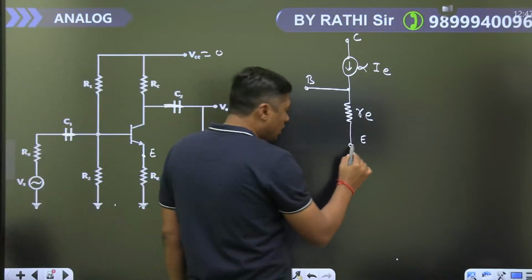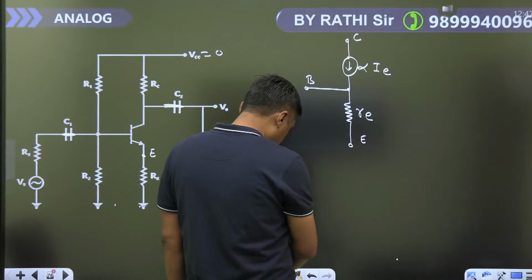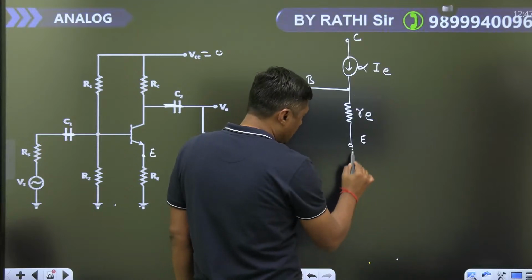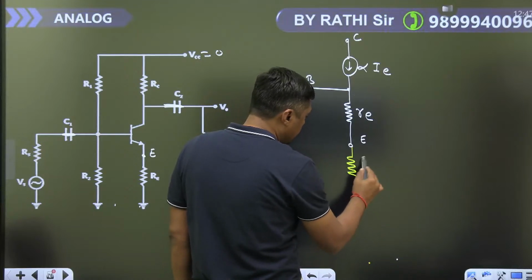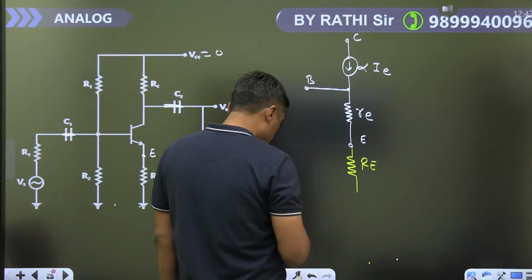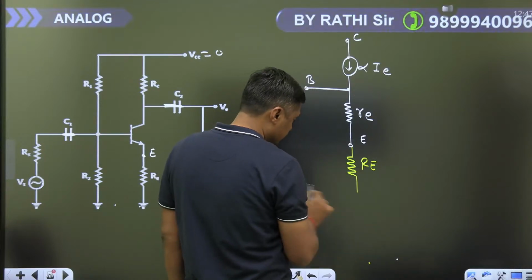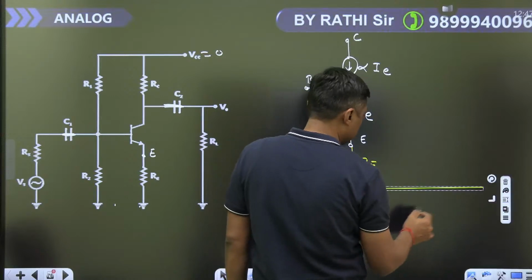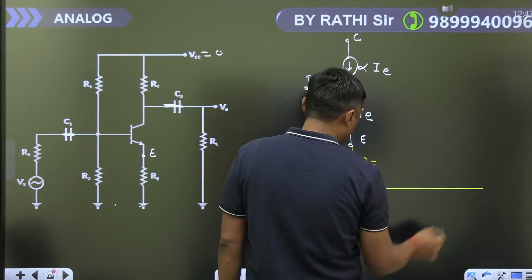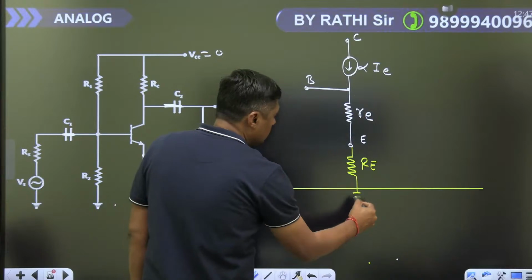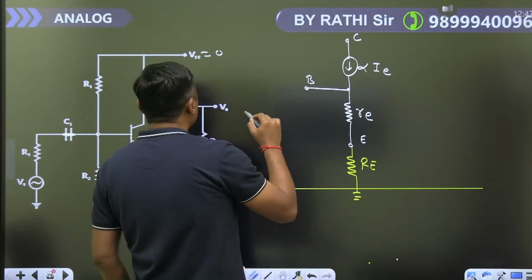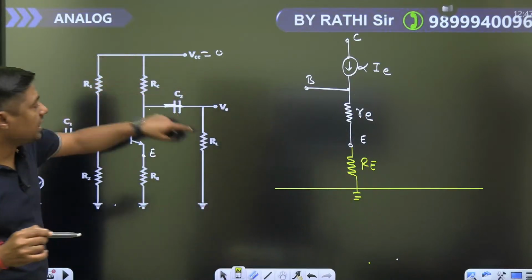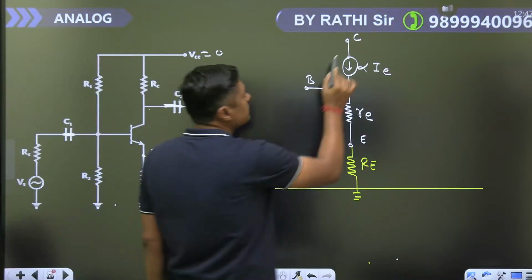So first of all connect this capital RE outside the transistor. Now this will become common ground. Now from collector to ground, RC and RL are connected just like the previous case.